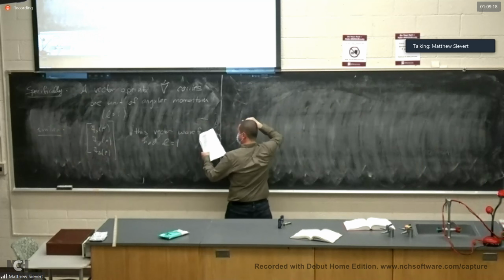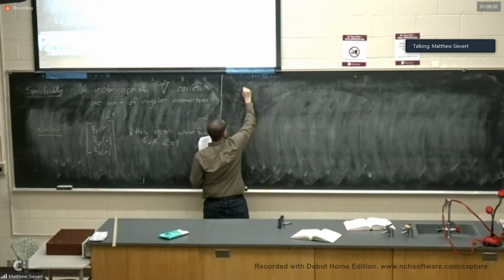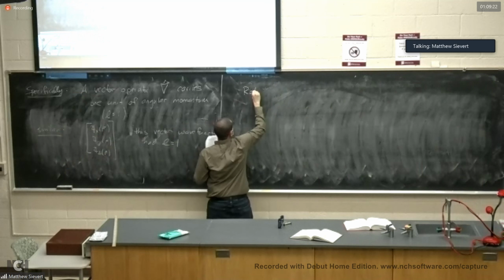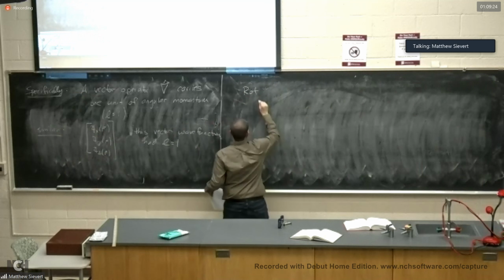All right, so the heart of it is how a vector transforms. Under rotations, the 3 components of the vector get scrambled up.